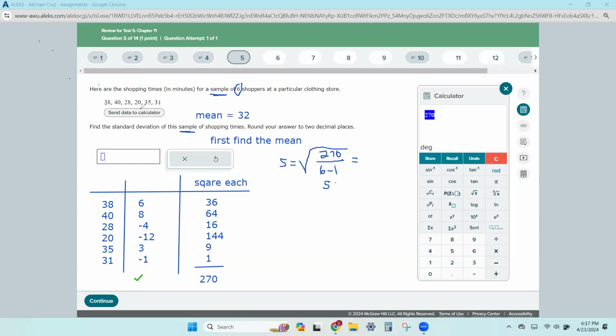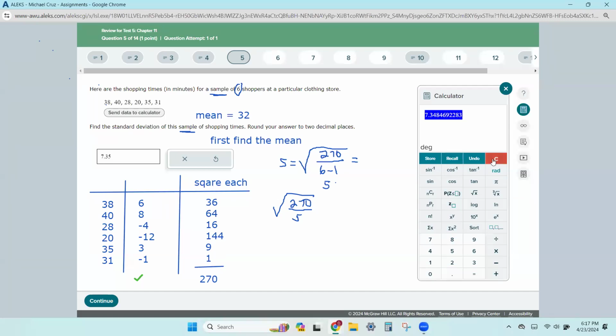So it's going to be 270 over 5. That's what they call the variance, but we got to take the square root of it. And so it's 7.35. All right, that's the longest calculation that there is.